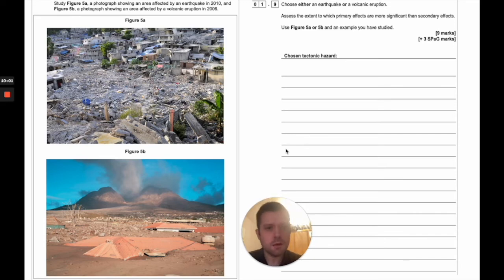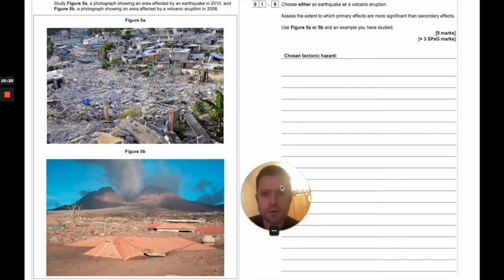And then, perhaps you've got 2 minutes left in the exam, you haven't got time to write a beautiful 9-mark answer plus 3 for SPAG. You could very quickly use SEECO and think, right, I'm just going to write some effects down there. And you're going to pick up some marks. Similarly, if you were doing the volcano question, but I'm not going to talk any more about that because we do earthquakes as our key tectonic hazards, and we look at Haiti 2010 LIC, and we look at Japan 2011 HIC.